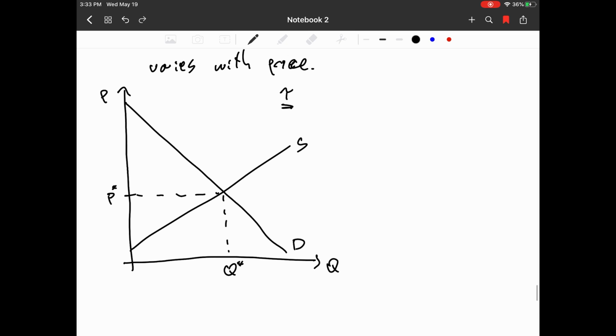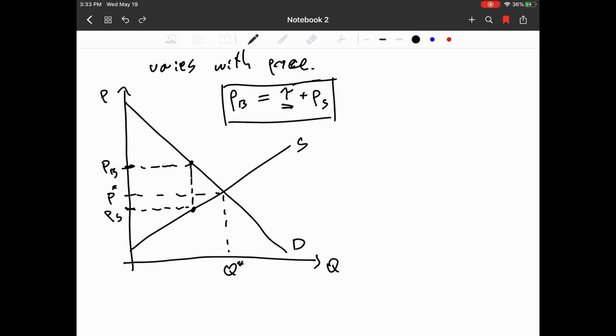The intuition is, when we impose a tax, we're essentially just separating the price paid by the buyers and the price received by the sellers. So it doesn't matter whether we're shifting the supply curve up or the demand curve down. All we're doing is separating the price for the buyer from the price received by the seller. So we're just creating this tax wedge.